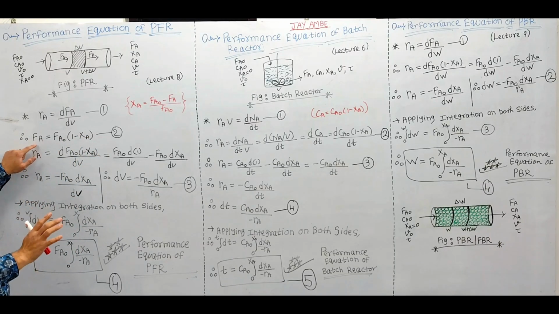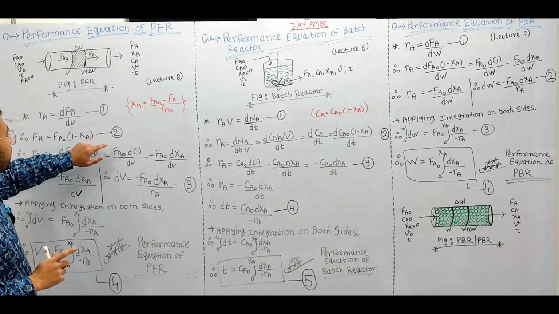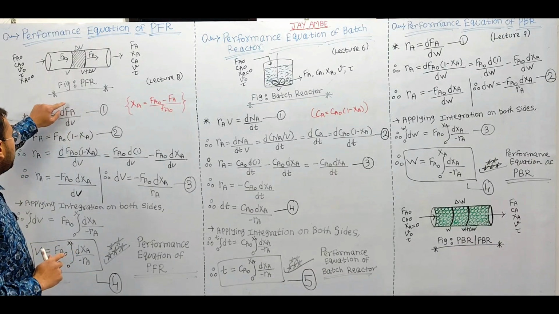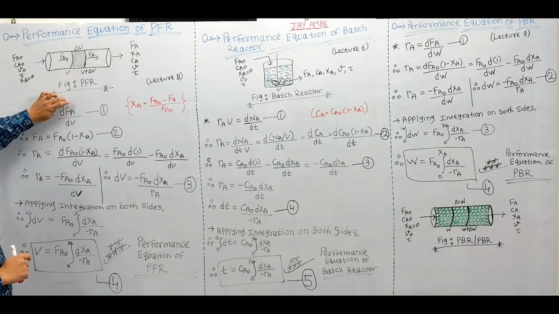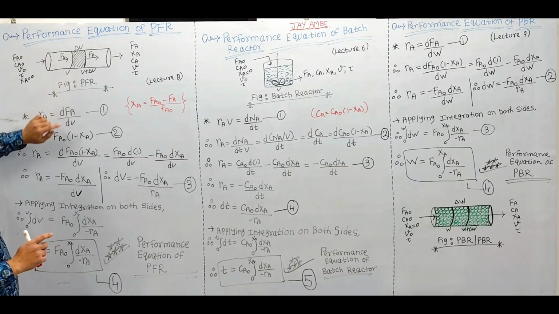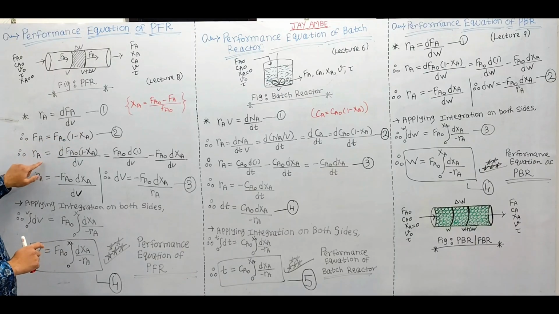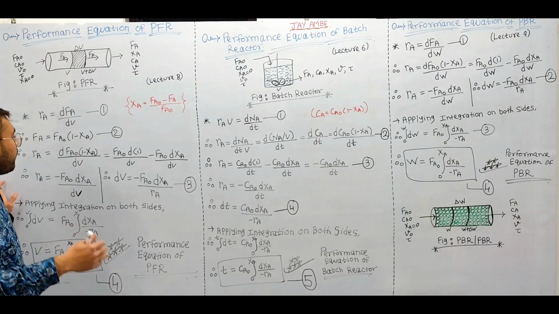So same way we are plugging in the equation 2 into equation 1 in the place of FA, right? So RA is equal to d FA naught into 1 minus XA by dV, right? So we are substituting FA with its value. Okay, now we are further simplifying it, right?